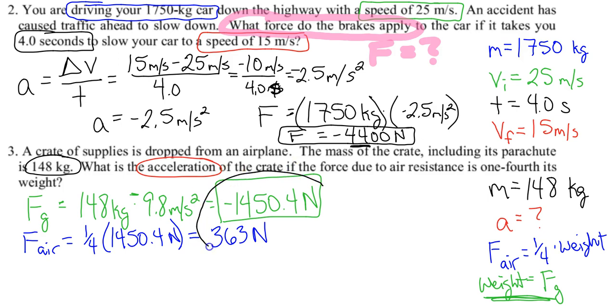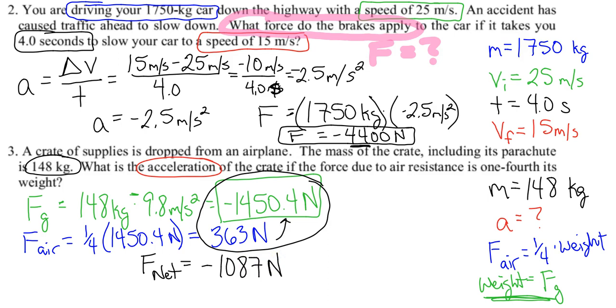So that means that the net force is the sum of those two forces. So my net force, air resistance is going to cancel some of that out. So negative 1,450.4 plus 363 is approximately negative 1,087 newtons. So that's my net force.